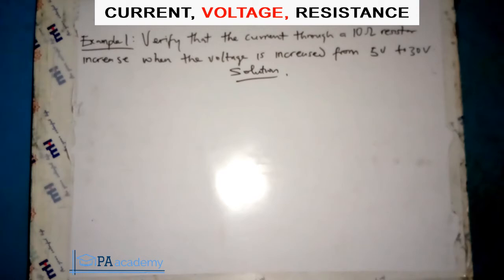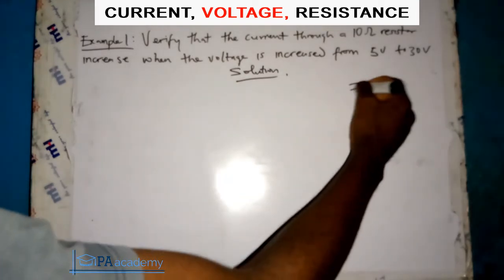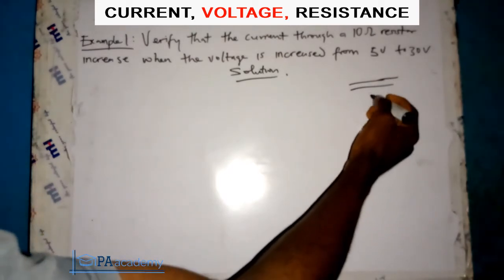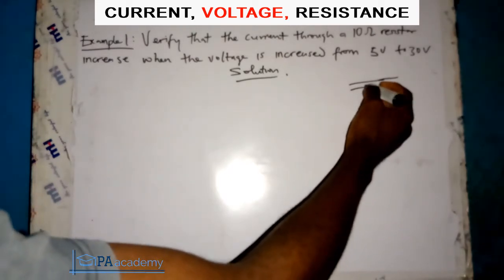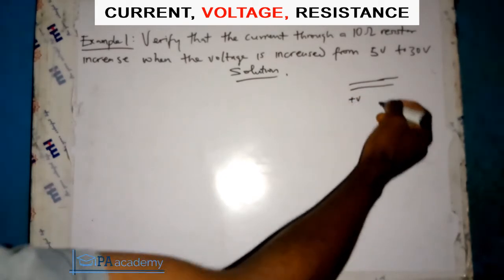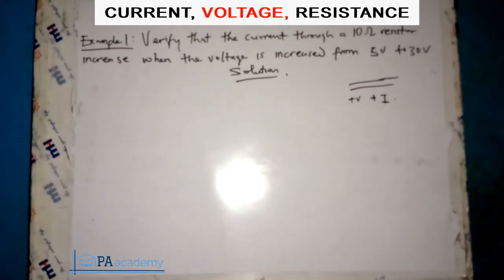So basically, if we have a wire and an increase in the voltage across this wire, then definitely we are going to have an increase in current. And that's what this question is saying.